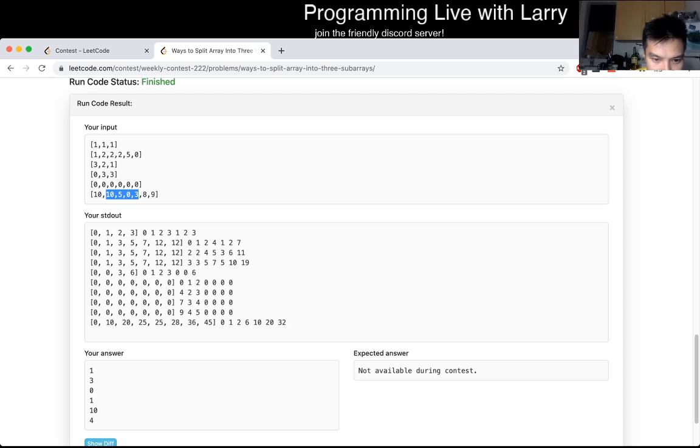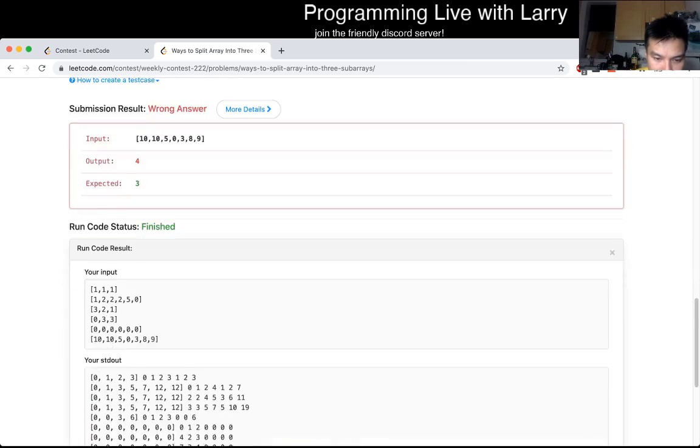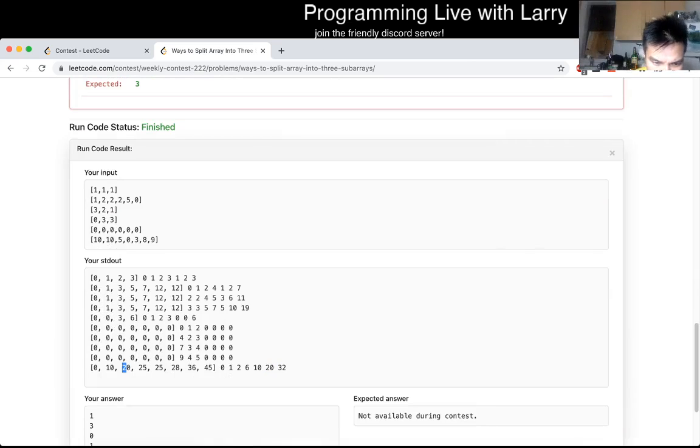What is 6? 6 is me searching for 20 and then 32. Do I want to search for 32? So it's 10 plus 15. It's 10 plus 10, so it's 20. So 45, 20.